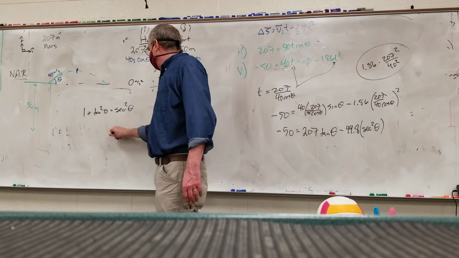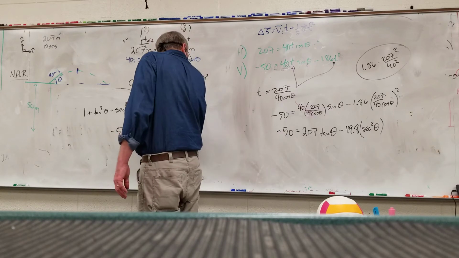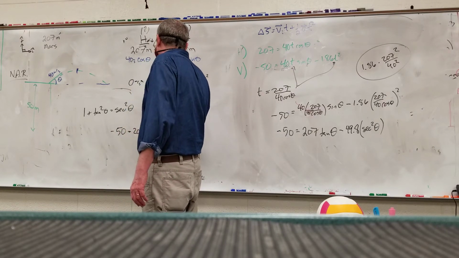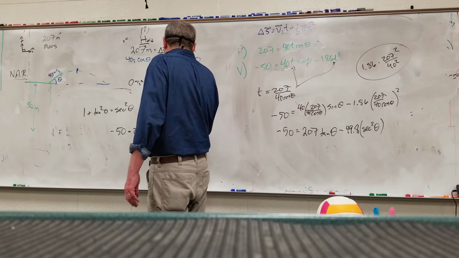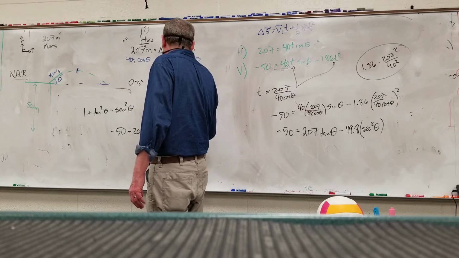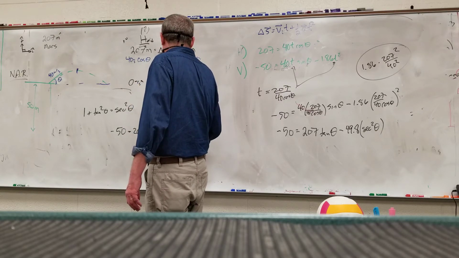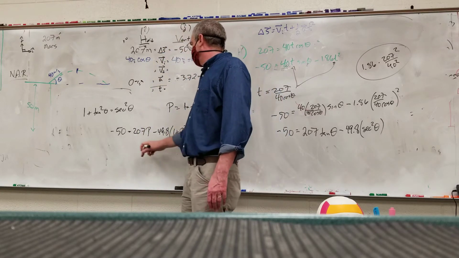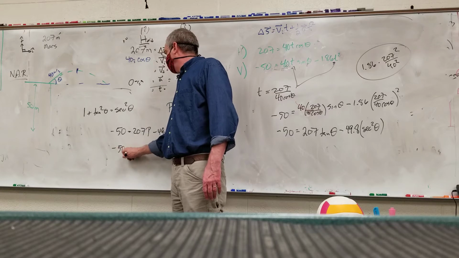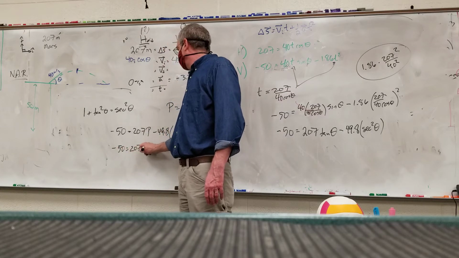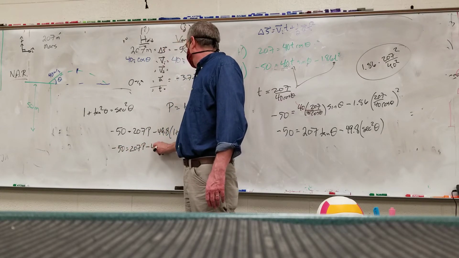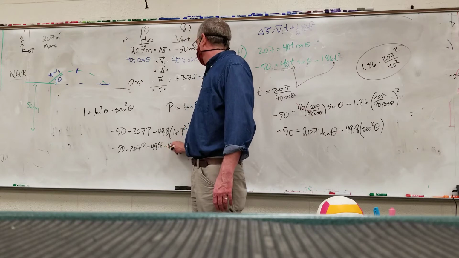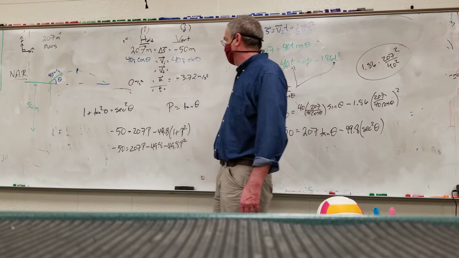So I get negative 50 equals 207p minus 49.8 times 1 plus p squared. Distribute: negative 50 equals 207p minus 49.8 minus 49.8p squared.